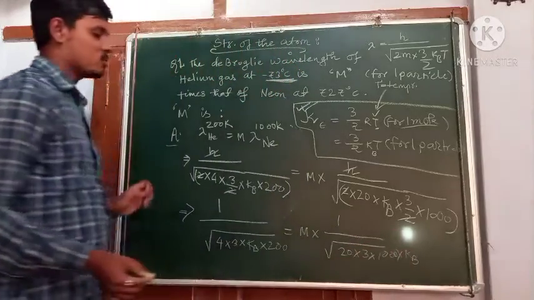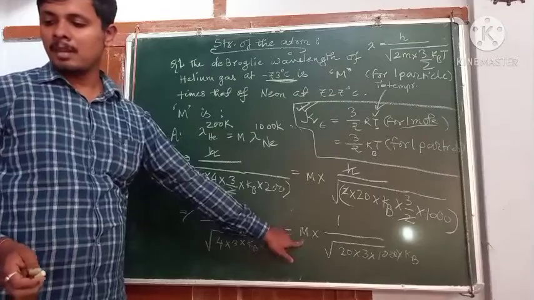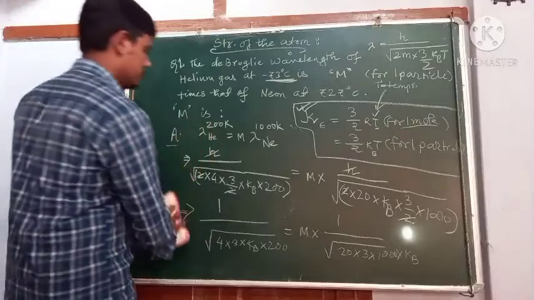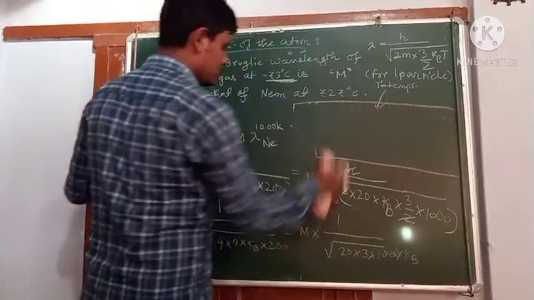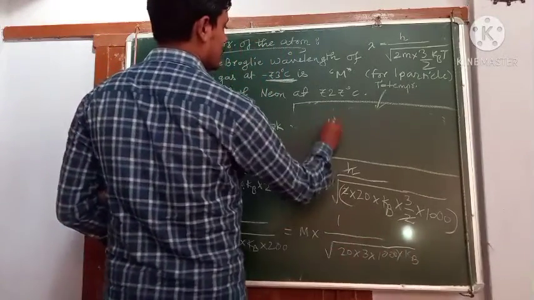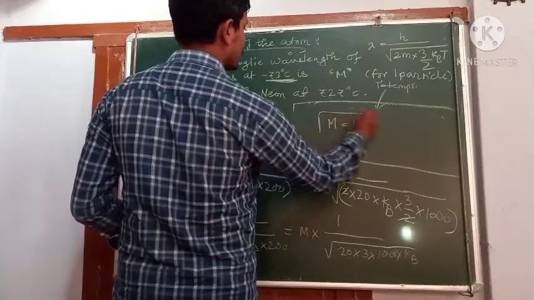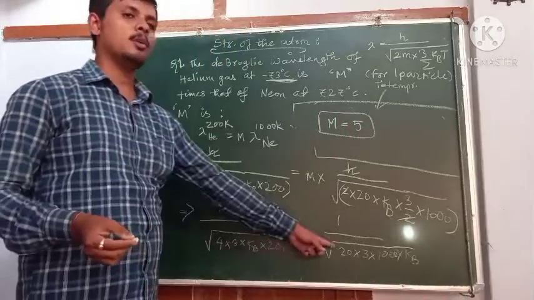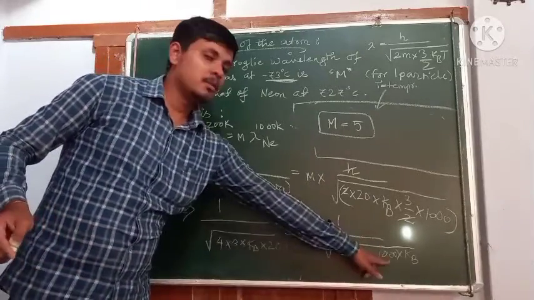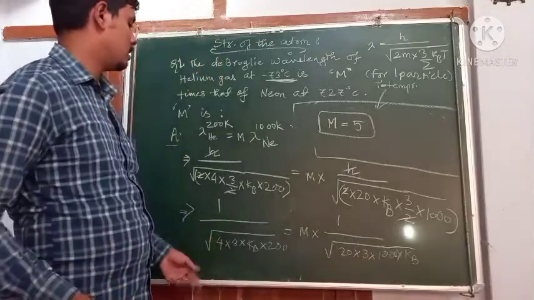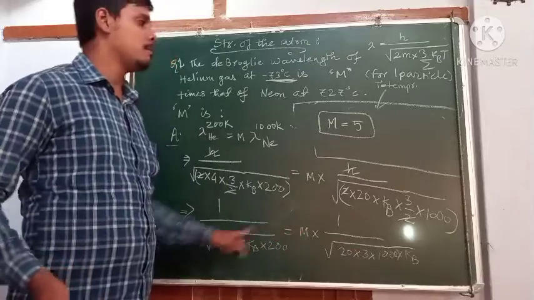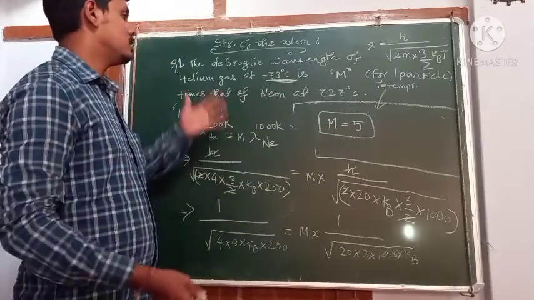If we solve this for m, we will get the answer as 5. Everything is under square root, so squaring, kB cancels, 3 cancels, 200 over 1000, and 4 over 20, so m squared we get as 25, so m equals 5. This is very simple.